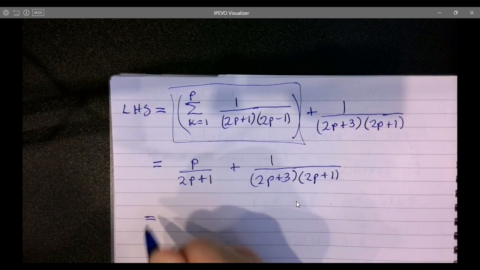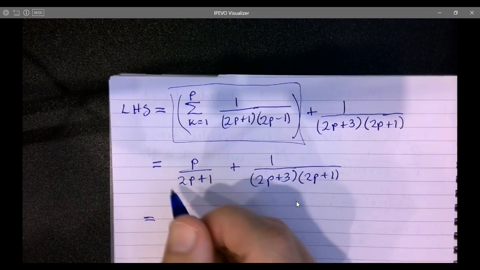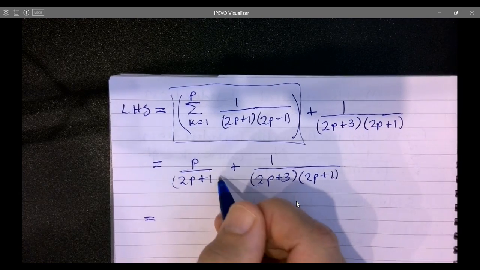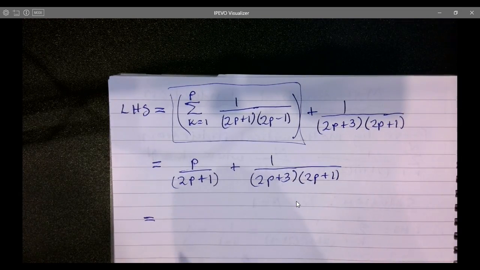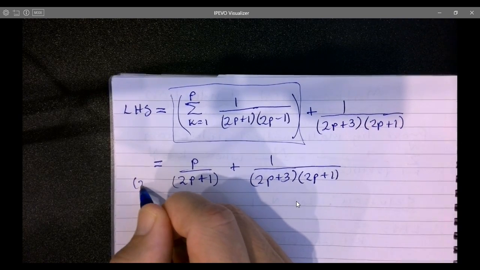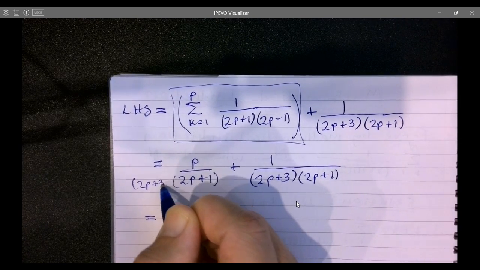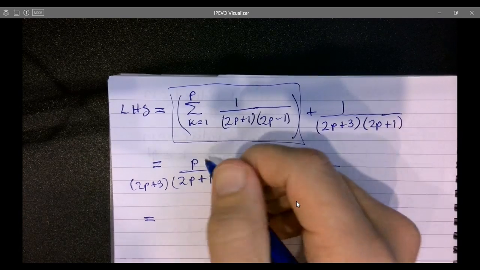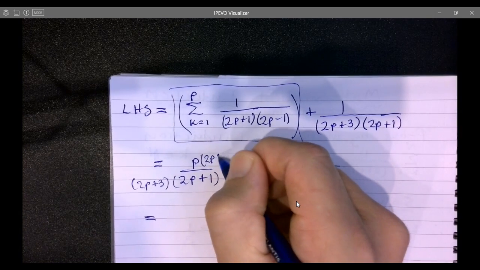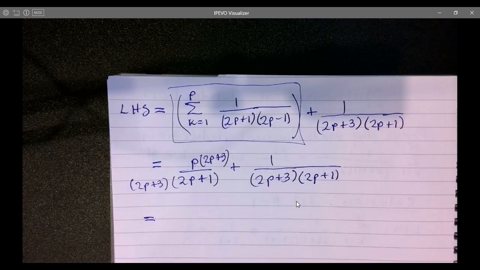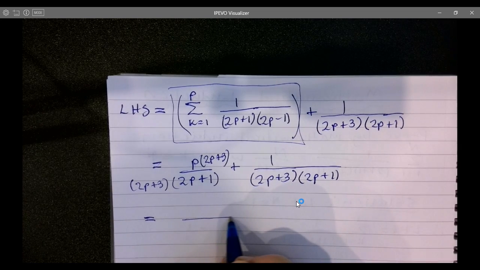Now we want to put this all over one denominator. I've got to make the denominators the same. So the only thing I've got to do really here is put a 2p plus 3 there, and then do the same thing for this. So now I can put everything over one denominator.